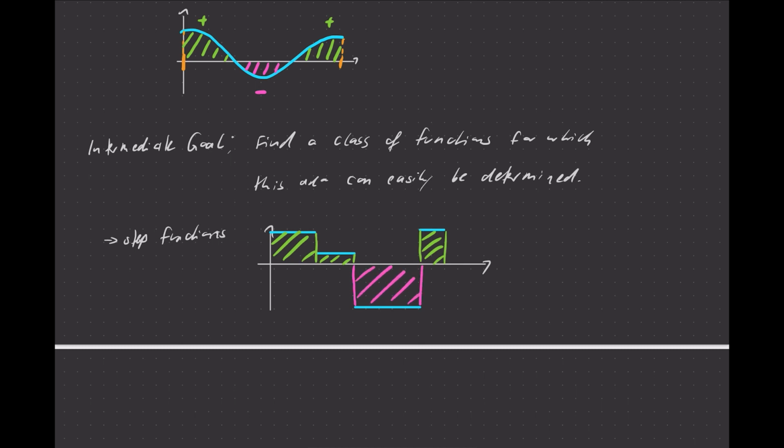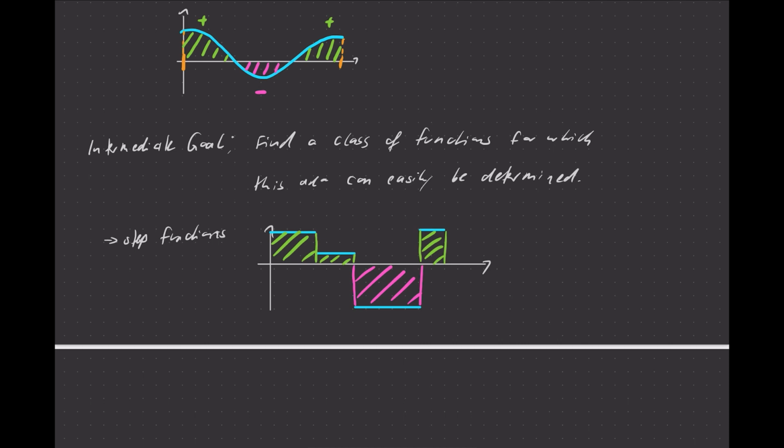So basically that area is determined by the length of the respective interval, by the function value, which gives us the height here, and of course by the fact whether it's above or below the x-axis for the sign.